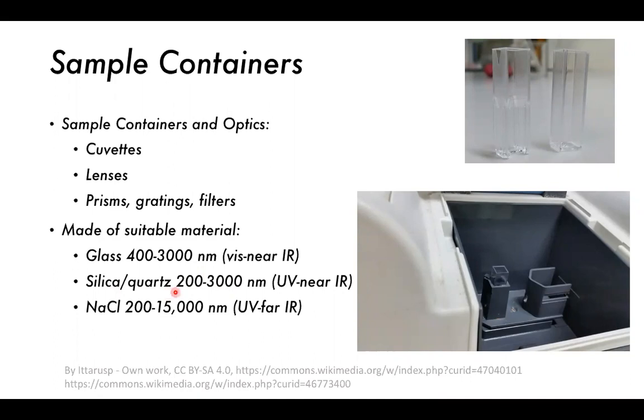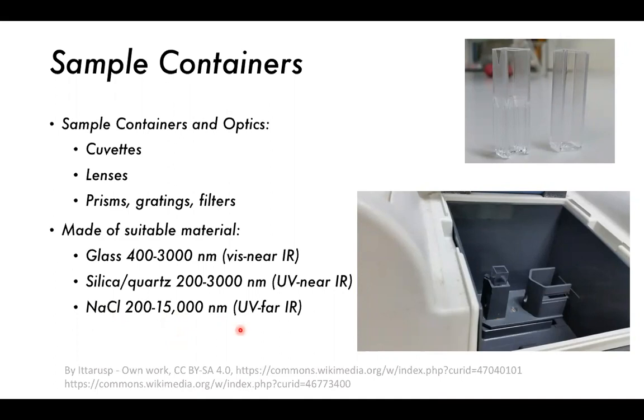This is just one form of it. Eventually the silicon and oxygen start to absorb light, but they don't over this range. Then sodium chloride is very good as well, but the problem with it, of course, is that if it gets in contact with water, or even if the room is very humid, it can destroy our precious sodium chloride windows or sample containers.